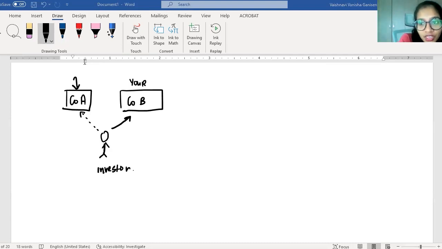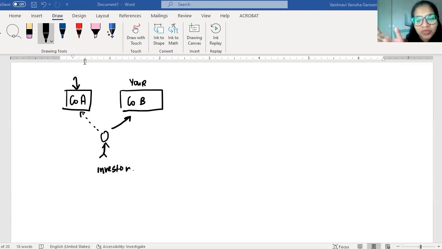So cost of capital, number one, is the weighted average cost of capital. That means this is the weighted cost or weighted required return for all the investors of the company. Number two, it is a cost that the company will have to incur as part of raising finance for their company and using this finance.